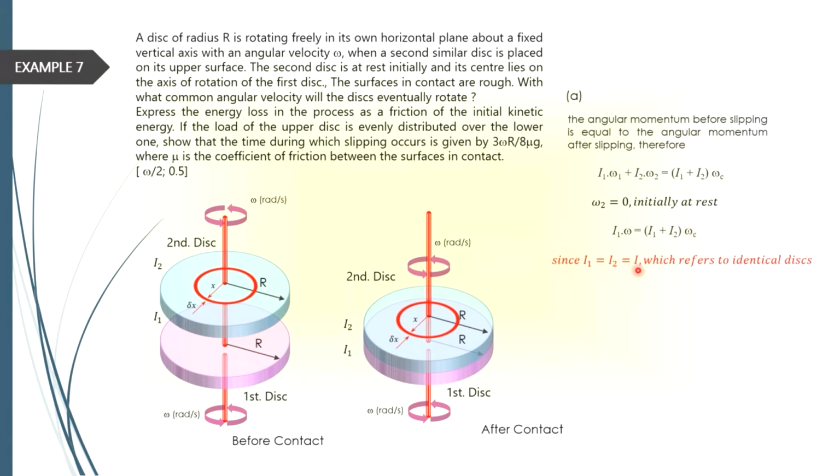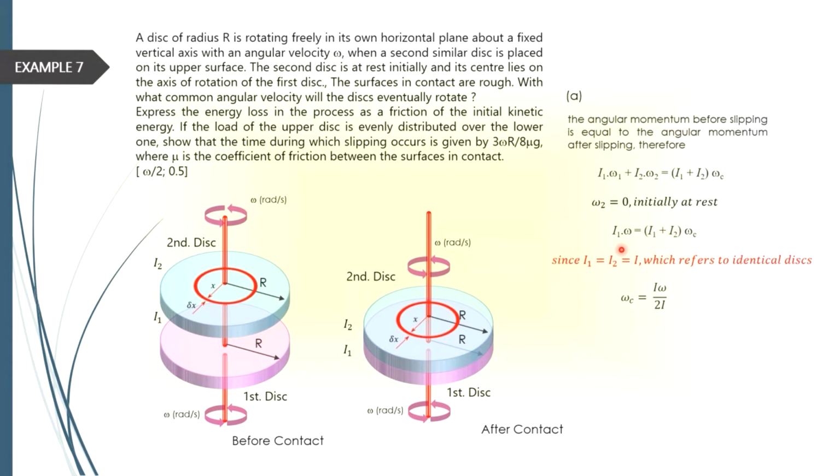Since I1, I2, and I are the same, identical, because the question says identical disks, you can change all these to I, the moment of inertia. So you have this equation. Once you manipulate, this becomes 2I.